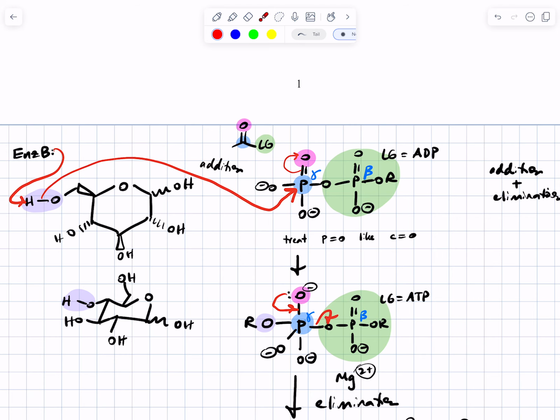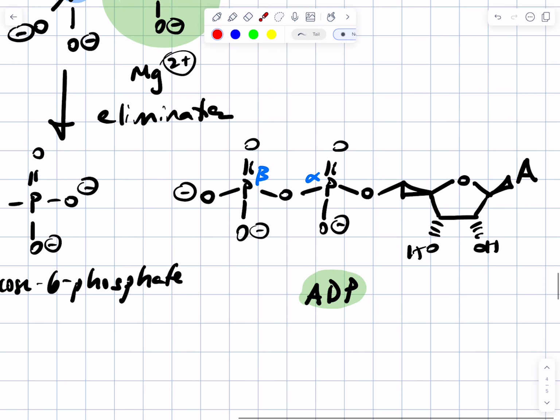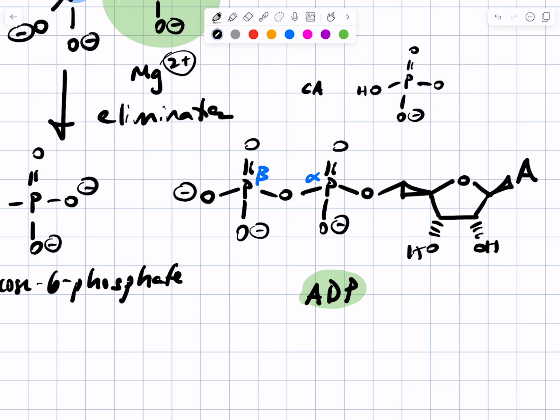Can you explain just briefly again why the ADP is a good leaving group? Yes. Here it is when it leaves. Its conjugate acid, and I'm going to have to abbreviate it, is this. You add just one hydrogen to one of the oxygens, one proton. This is the monophosphate, the monoanion for a phosphate group. Its pKa is around 7.2.